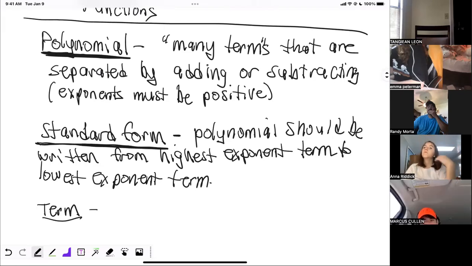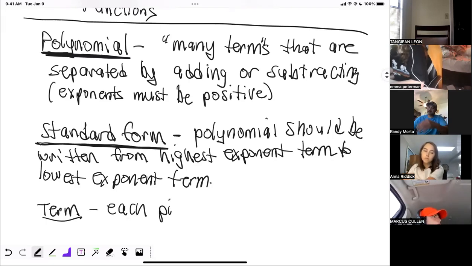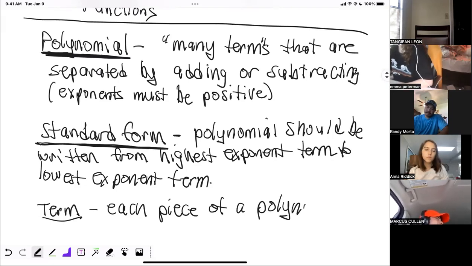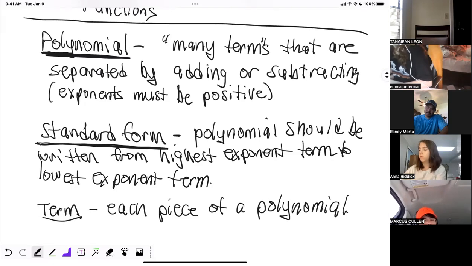A term is each piece of a polynomial. And I'm going to put these three together with an example. I'll show you what all these mean in the example.